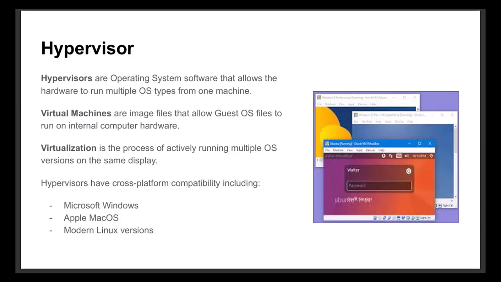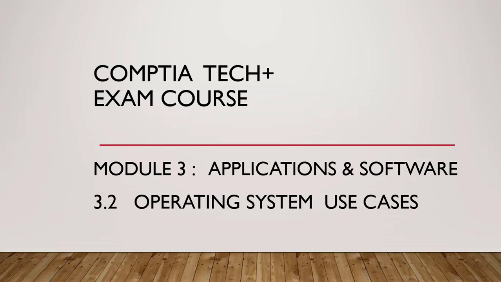So with a hypervisor, for example, we could take an Apple laptop, a MacBook, and we could install on our device hypervisor software that allows us to run a virtual operating system of Microsoft Windows, Linux, or another type of macOS version. That will conclude our discussion of Section 3.2, Operating System Use Cases.